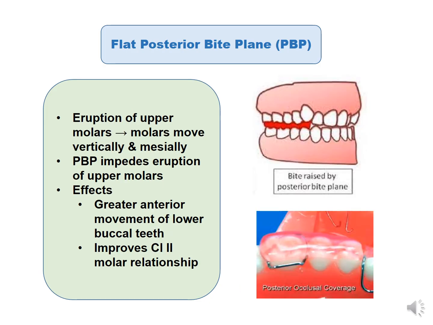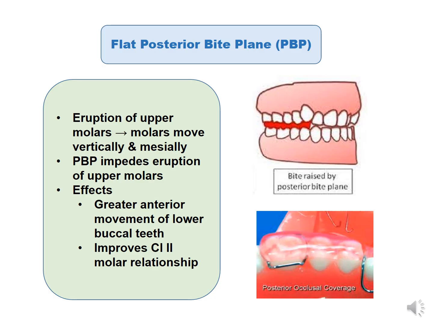Now the flat posterior bite plane. This causes eruption of the upper molars, and the molars move vertically and mesially. So this is what normally happens without a bite plane.